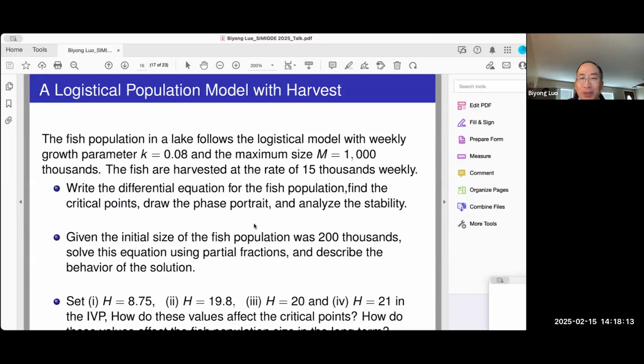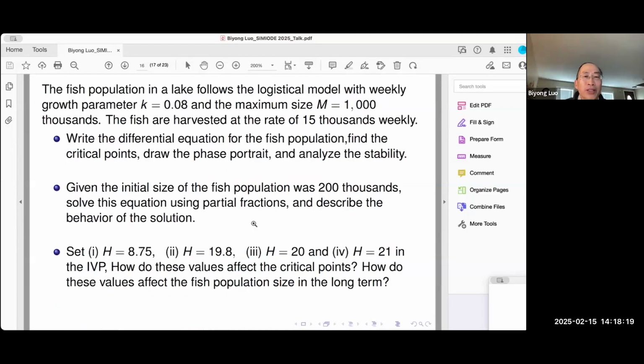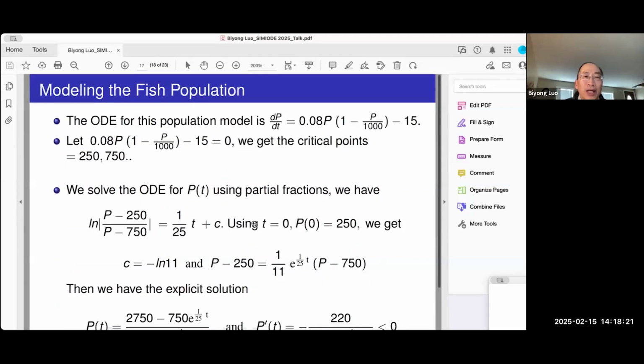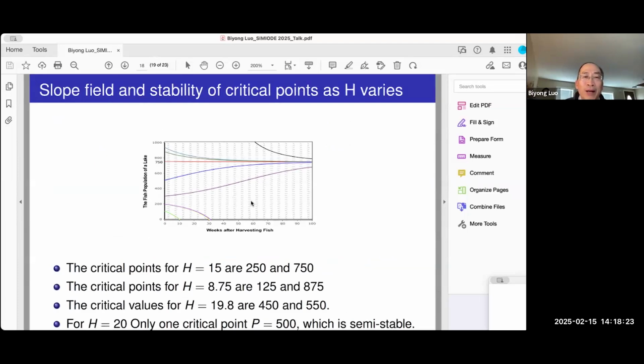Many of them maybe did not reach that level, but they could at least use the software applet to get the graph. They could explain the long-run behavior of the solution.